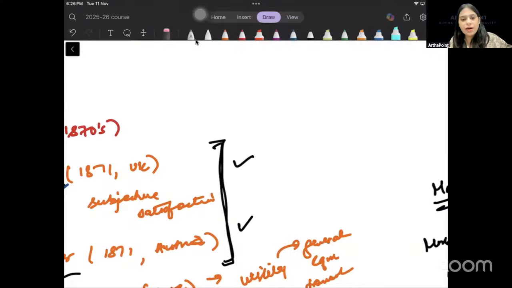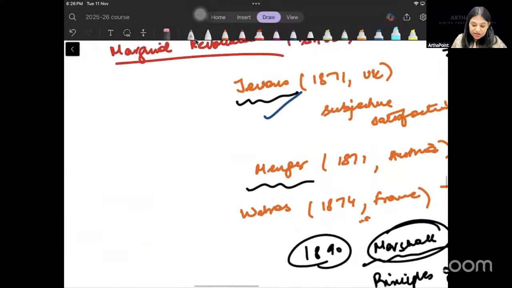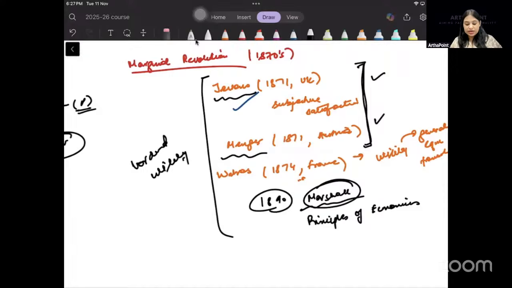So then came this Marshall, and this happened. Now that is done. All of these economists till now were more of the cardinal utility economists. Cardinal means they said utility is measurable. Okay. Then came the ordinal utility revolution, so to say.